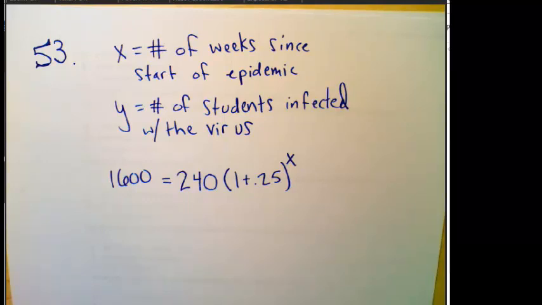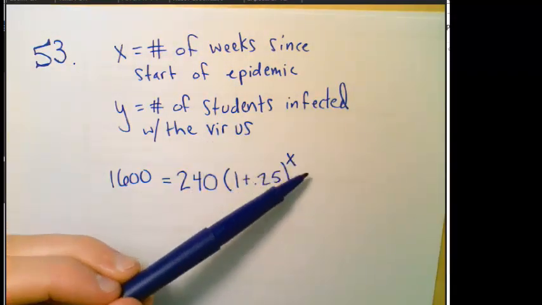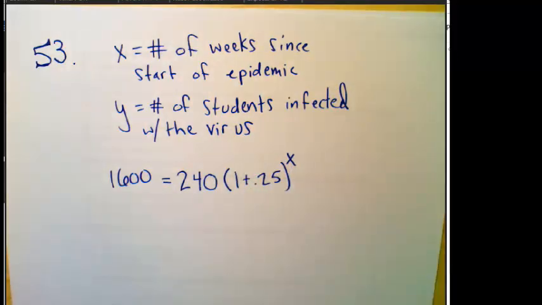One thing to notice is that because our unknown x is in the exponent, that is telling us that we're going to have to use logs to solve this problem. So let's go ahead and solve for x.